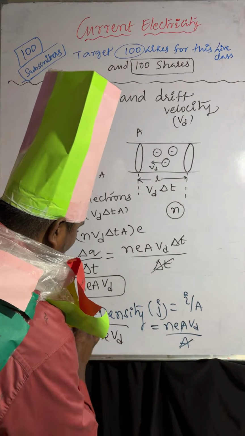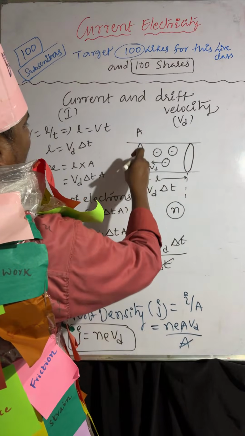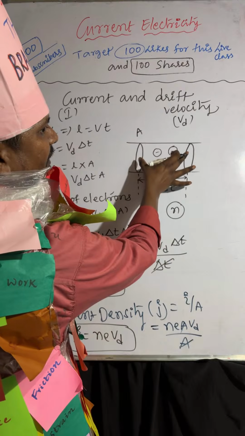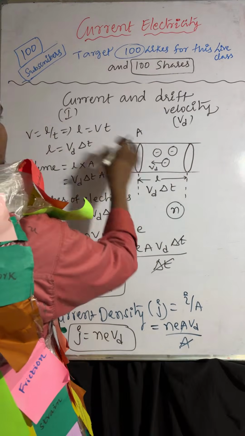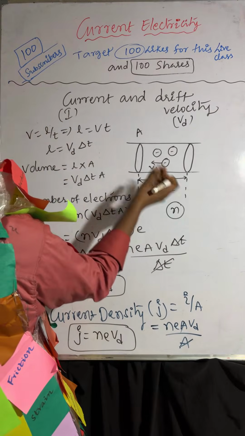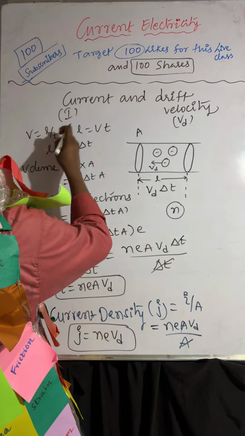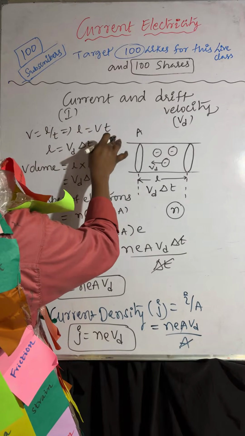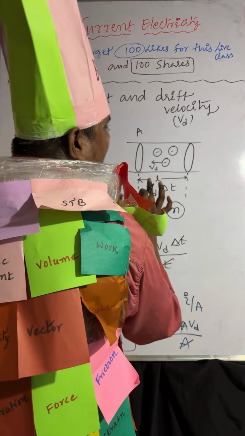Once again, observe carefully. This is the conductor, and this is the area of the cross section. I am taking this portion only. Velocity equals displacement by time taken, so L by T, L equal to V into T, where V is the drift velocity.